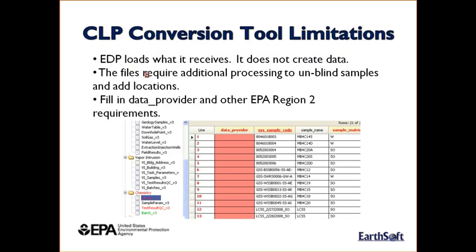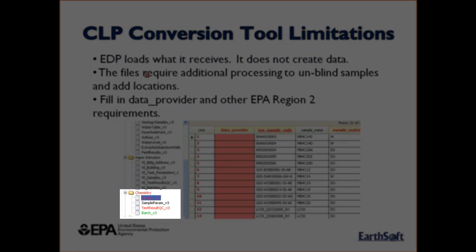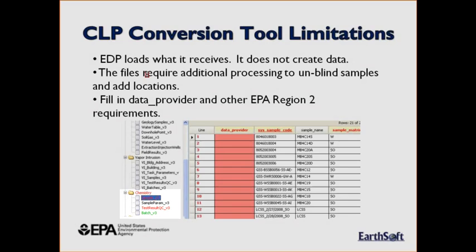If you look at the screen, at the bottom left of the chemistry group, you'll see that once the data is translated using this conversion tool and loaded into the EPA Region 2 version 3 format, it populates the sample, test result, and the batch section.